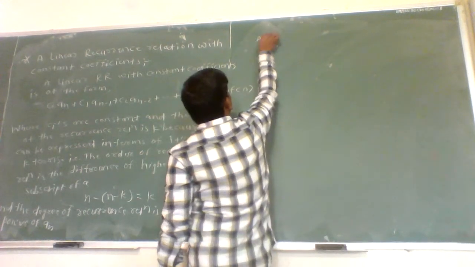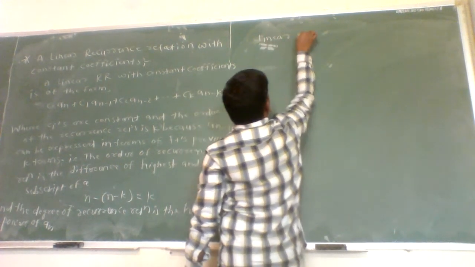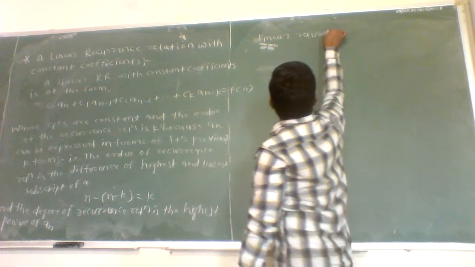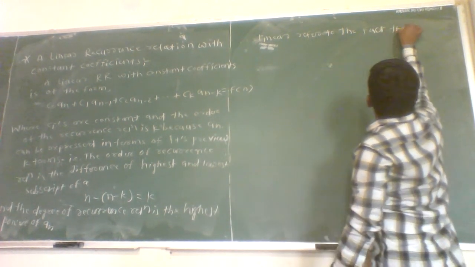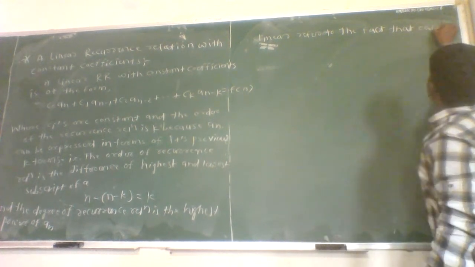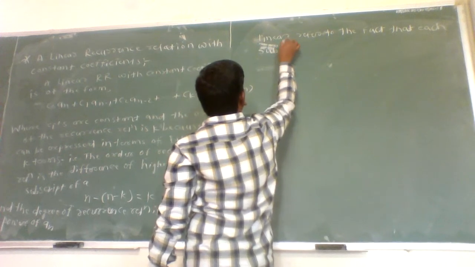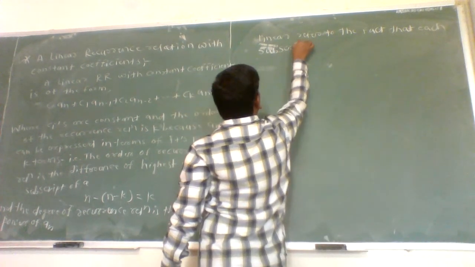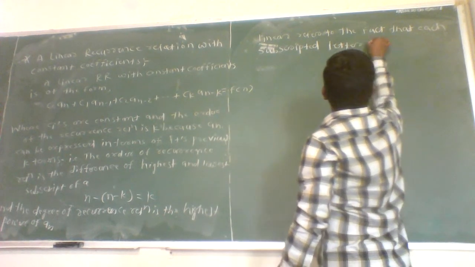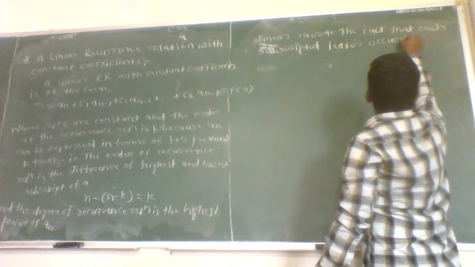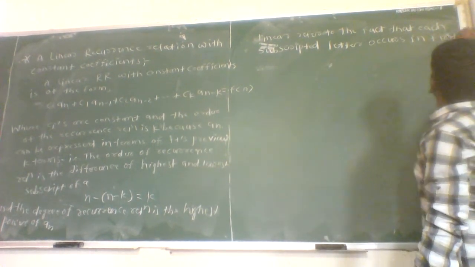The word linear refers to the fact that each subscripted letter occurs in the first power.